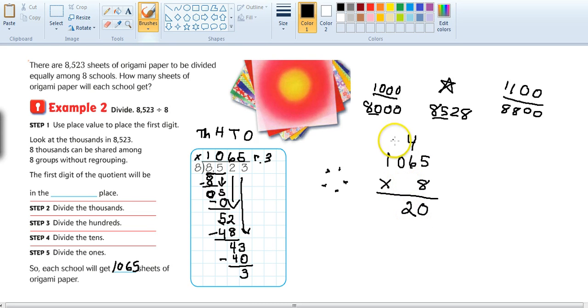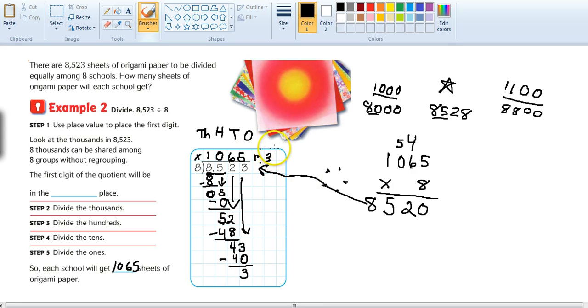All right, and I regroup the 5. 8 times 0 is 0, plus 5 is 5. And then 8 times 1, or 8 times 1,000, is 8. All right, so far we have a product of 8,520, but that does not match what we started with.